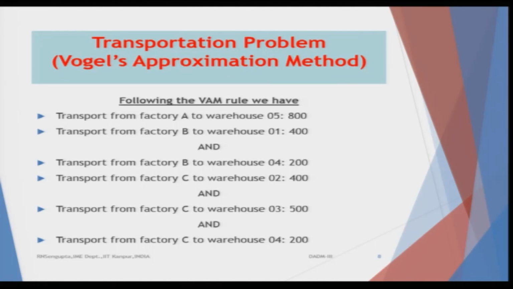When you consider B, it will apportion at the minimum cost 400 to destination 1 and 200 to destination 4.